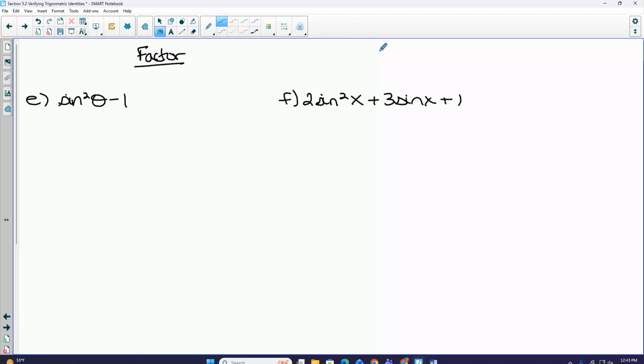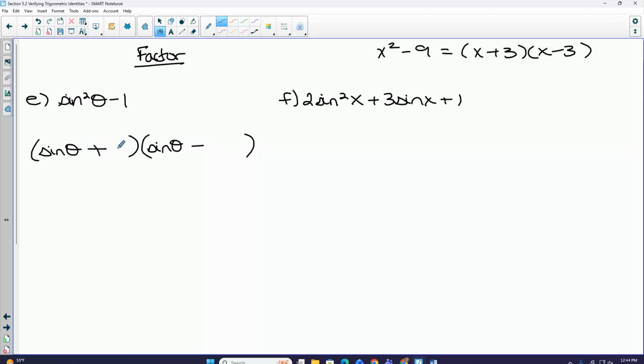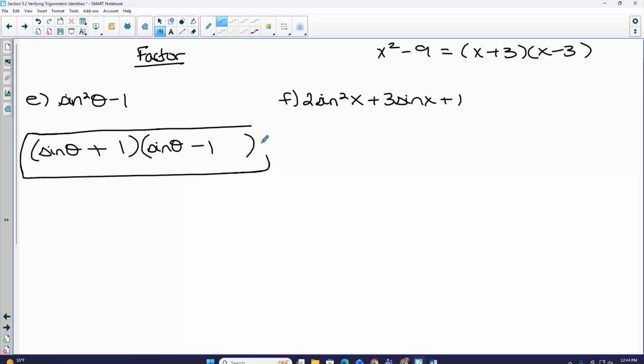What if I asked you to factor x squared minus 9? What does that factor into? Okay, so if I said sine squared theta minus 1, what would go at the beginning of each of my parentheses? We get a plus and we get a minus, square root of 1 is 1. So we can factor these using any of our other techniques.